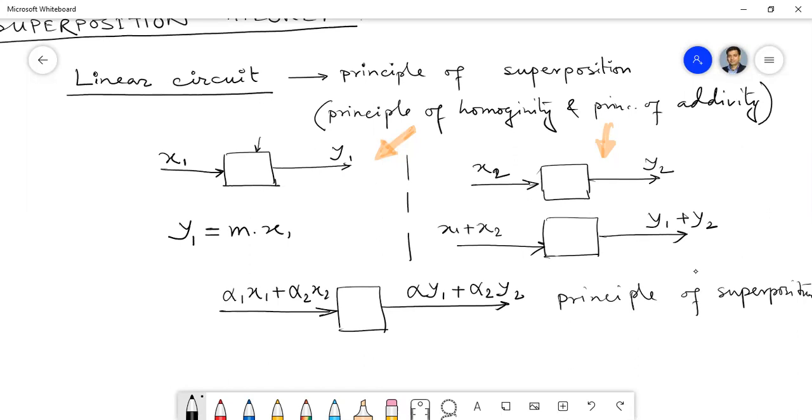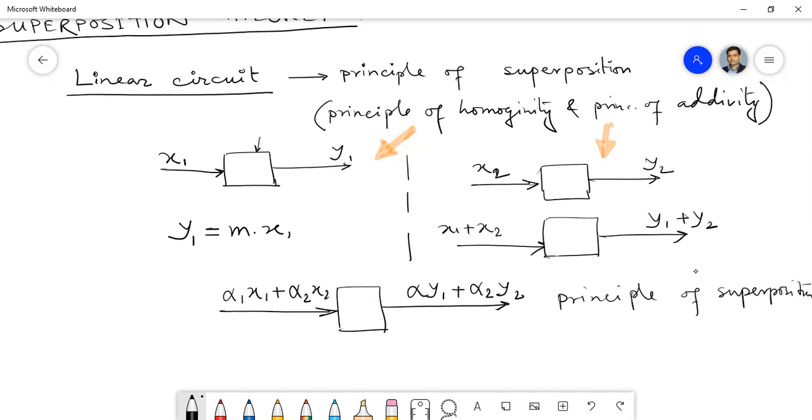We can test whether the system is linear or not by using the principle of superposition, and thereby decide whether the system is linear or non-linear.